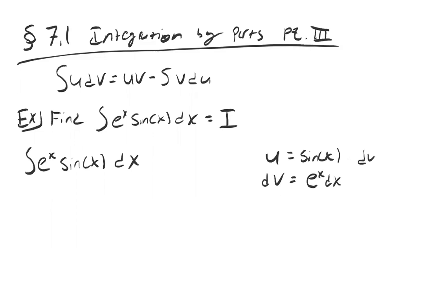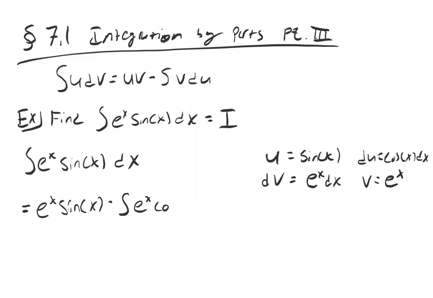So du then is cosine of x dx. v is e to the x. When I apply integration by parts, I get uv, so e to the x sine of x, minus the integral of v du, so e to the x cosine of x dx.